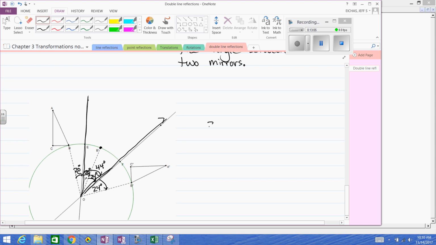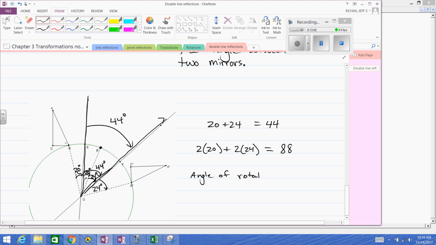You have a 20 plus 24 between the two lines, that's 44. But you basically have two 20s plus two 24s is how a point is going to travel from its pre-image all the way to its final image. So you basically are doubling it. So you get 44 plus 48 is 88. If you figure out the angle between the two mirrors is 44, the angle of rotation is 88 degrees. Double it.